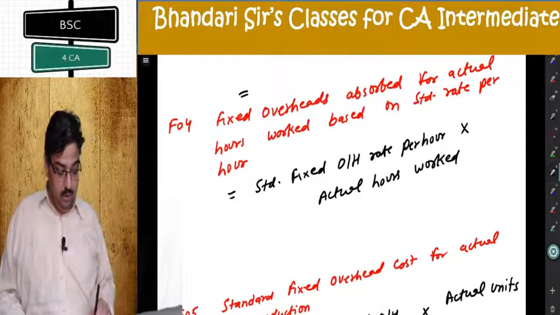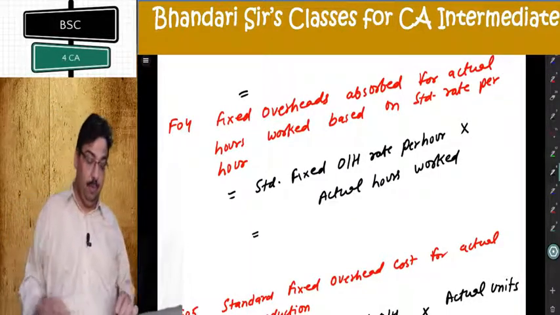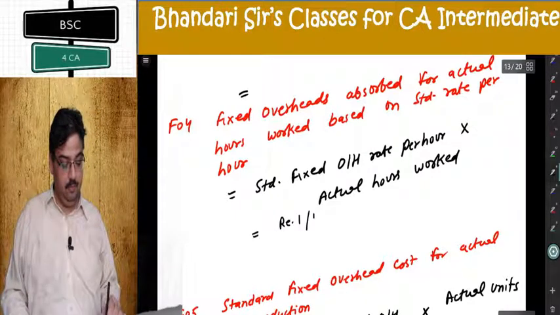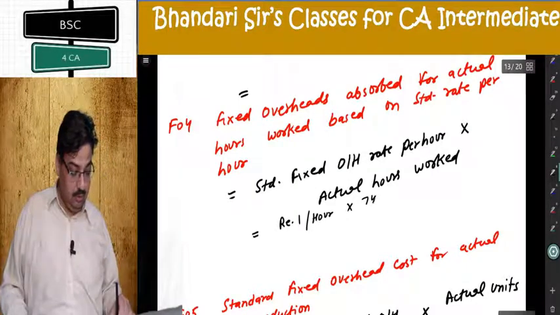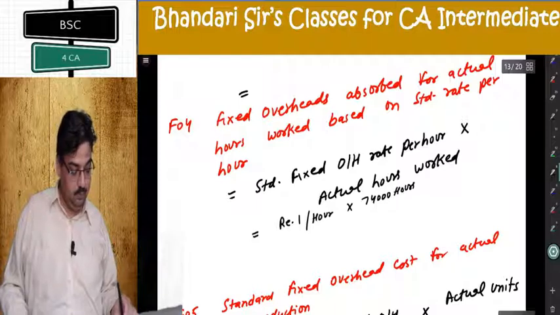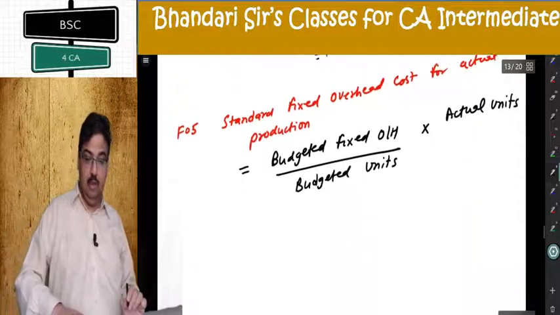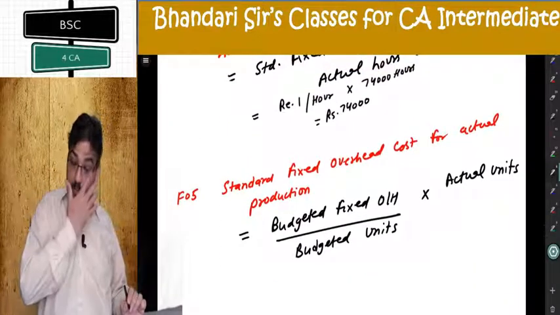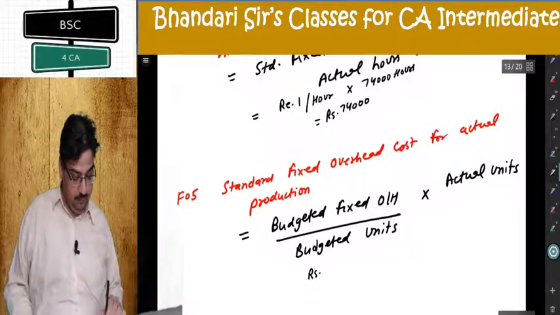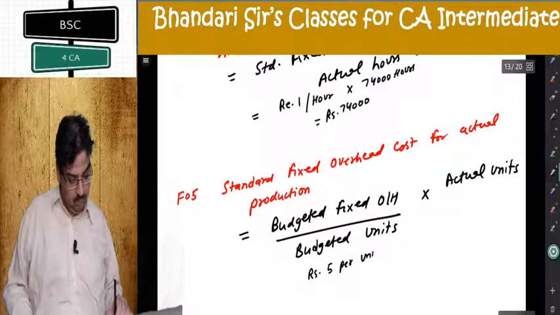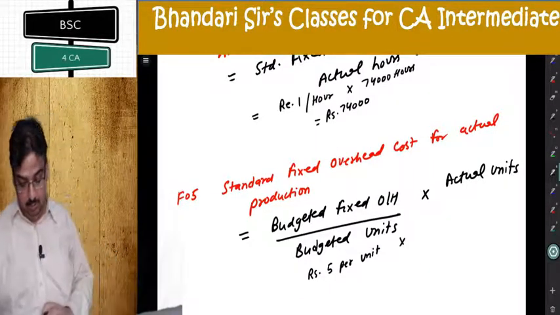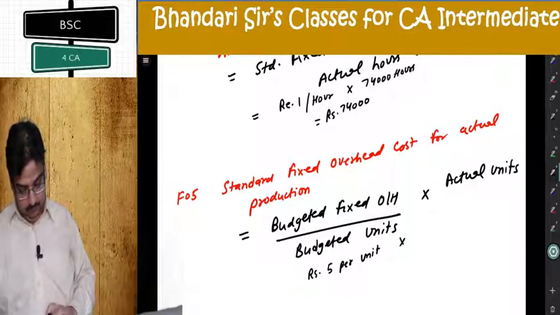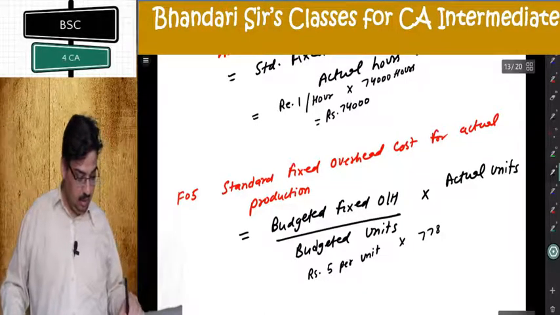FO4, per hour, we computed rupee 1 per hour for fixed overheads, multiplied by actual hours worked, 74,000 hours. This is rupees 74,000. And then comes unit based. Per unit, we had rupees 5 applied on actual units. Actual units were 15560. This is 77,800.